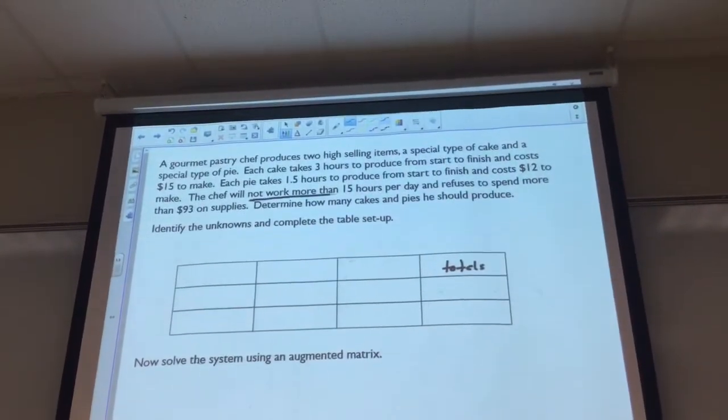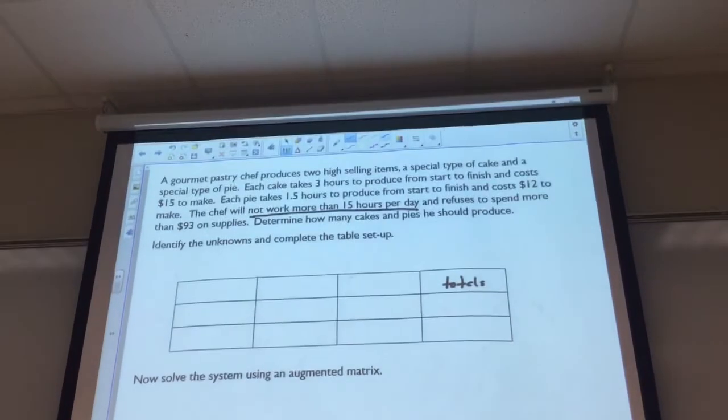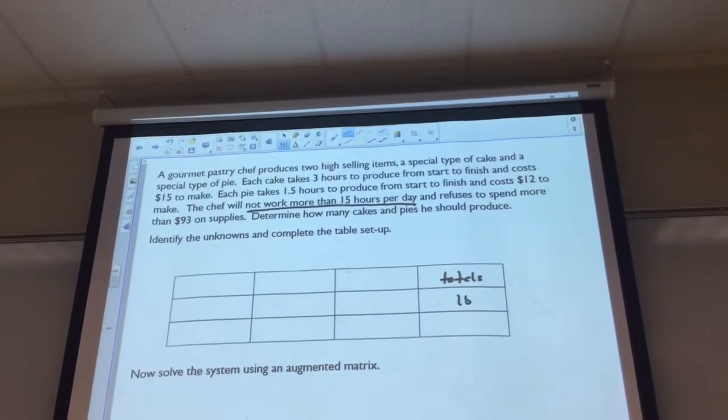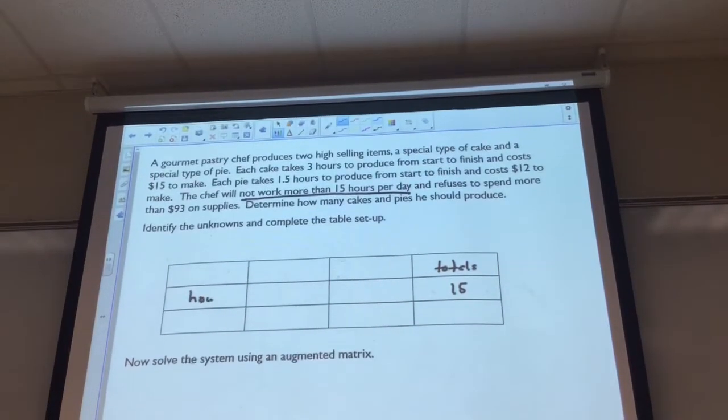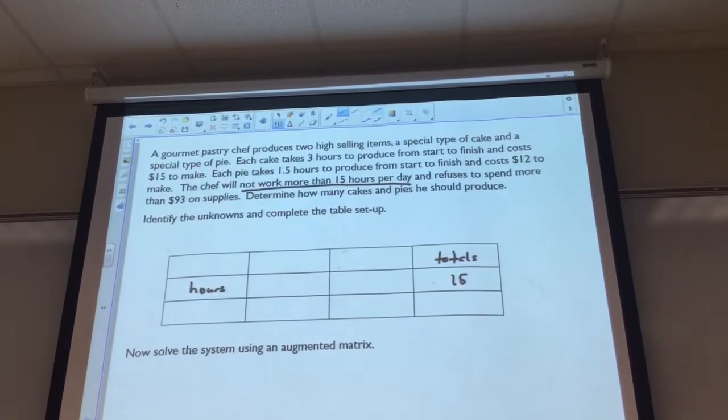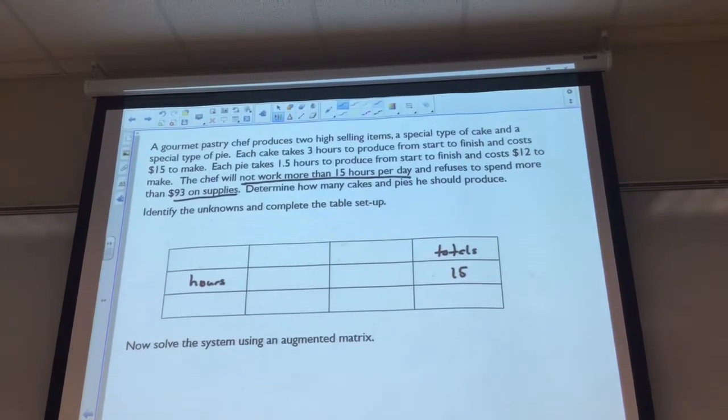He won't work more than 15 hours per day. That's the hours he's going to work. And he doesn't want to spend more than $93 on supplies.